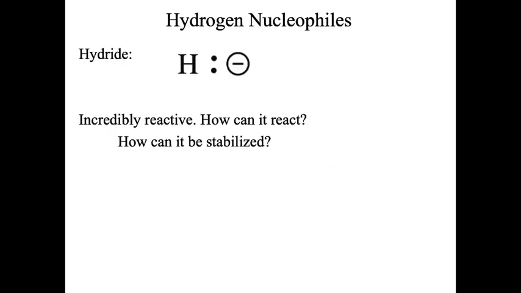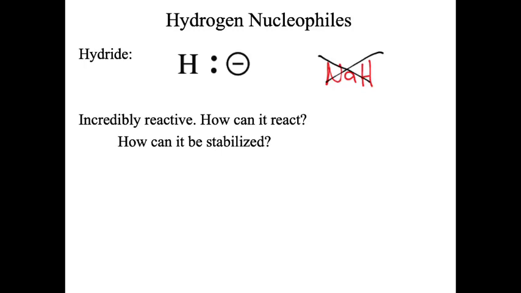So, hydrogen nucleophiles. How do we get a hydrogen nucleophile? H-. We would need an ionic compound. So what's the easiest ion that we could attach to that negative hydride? Sodium. And we get NaH. Cool. We have a negative hydride. Is that a nucleophile?